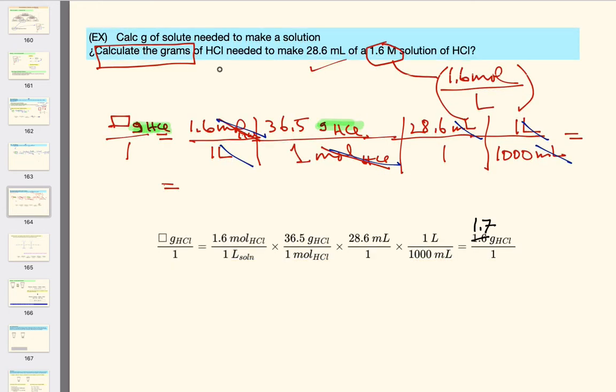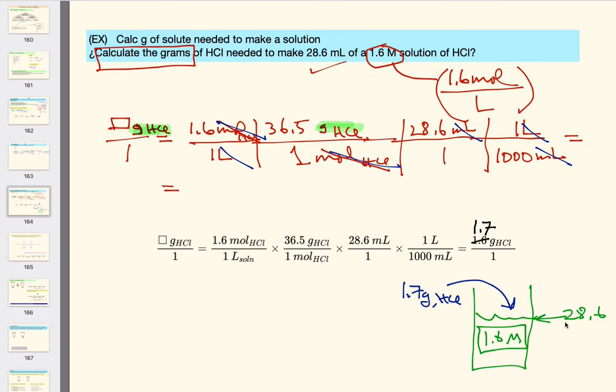So to put that in perspective, if I want to make 28.6 milliliters of a 1.6 molar solution, what I need to do is add 1.7 grams of HCl to a beaker and then top it up to 28.6.